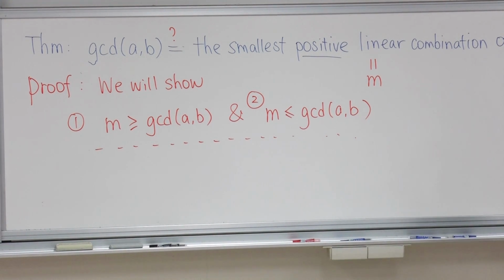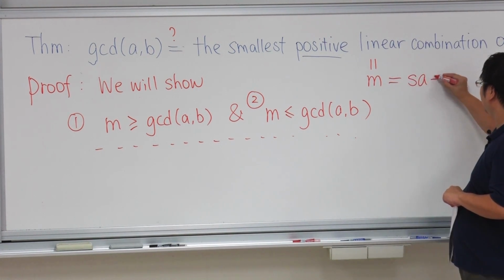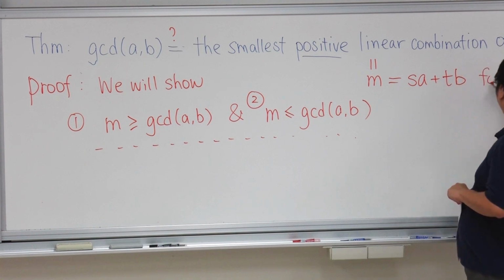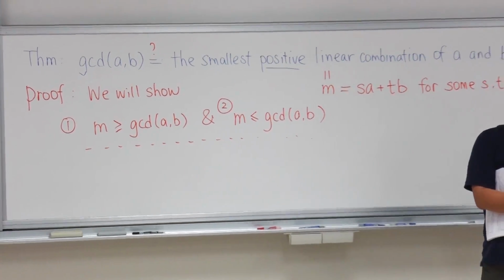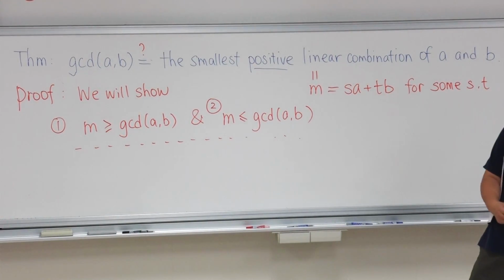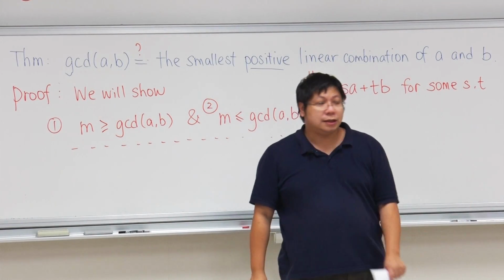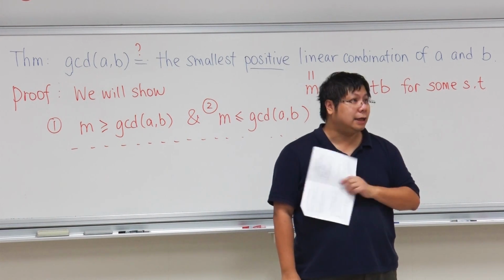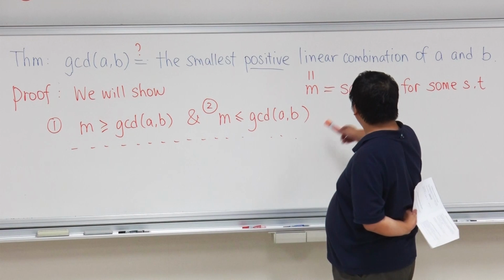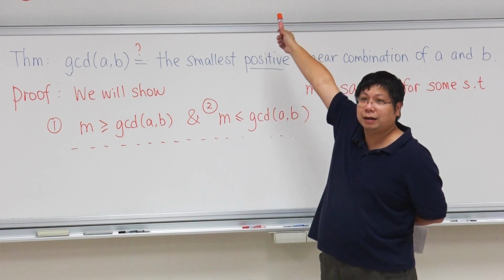So what is M? M is equal to S times A plus T times B for some S and T, right? This is what M really is, because M is a linear combination. What do we know? The GCD of A and B divides A, and the GCD of A and B divides B. So the GCD of A and B divides any linear combination of A and B. This is number 3 there.